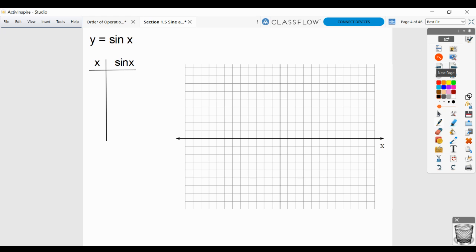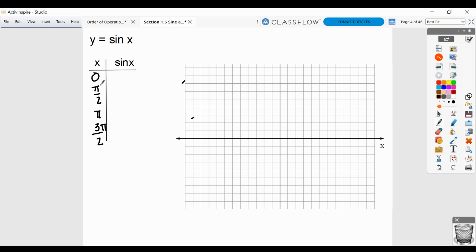Okay, so if we wanted to graph y equals sine of x using a table, then for the x values, remember it has to be in radians. So if we think back to the unit circle, and we look at the axis points, then we started at 0, then we went to pi over 2, then pi, then 3 pi over 2.